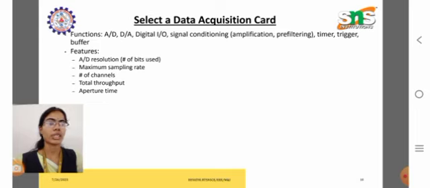Select a data acquisition card. Functions: A/D, analog to digital or digital to analog, digital input output, signal conditioning, amplification, pre-filtering, timer, trigger, buffer. Some of the features are analog to digital resolution, maximum sampling rate, number of channels, total throughput, aperture time.